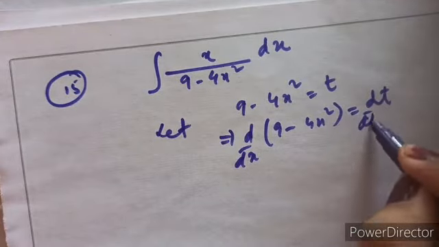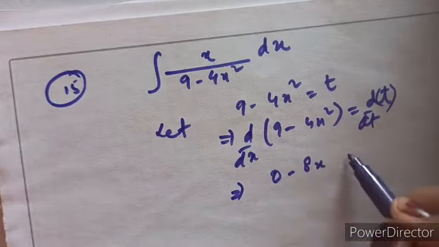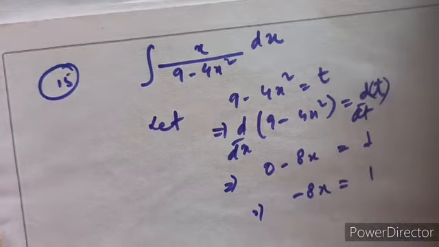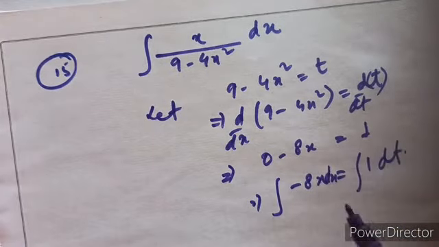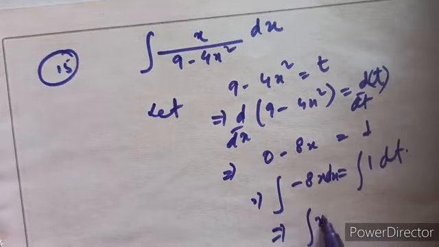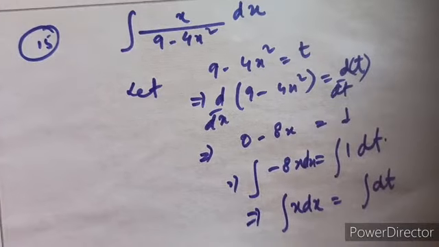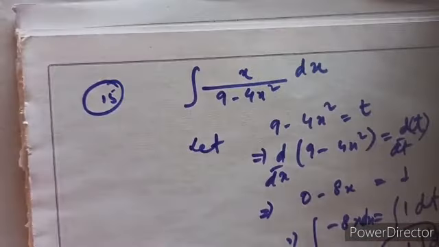So d by dx of t will be 0 minus 8x, that is minus 8x. So minus 8x dx will be dt. So that means x dx will be integration dt, and this minus 1 by 8 we can write. So in place of this, I have to substitute this value.